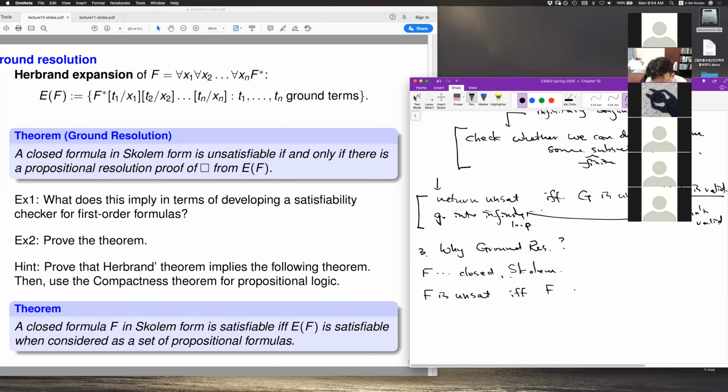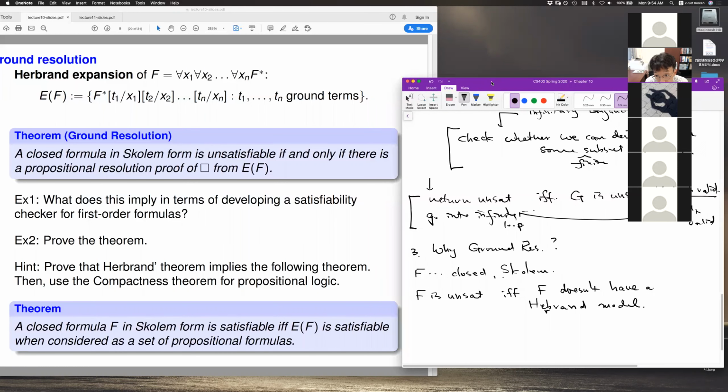F doesn't have a Herbrand model. Okay, so that's what we have.